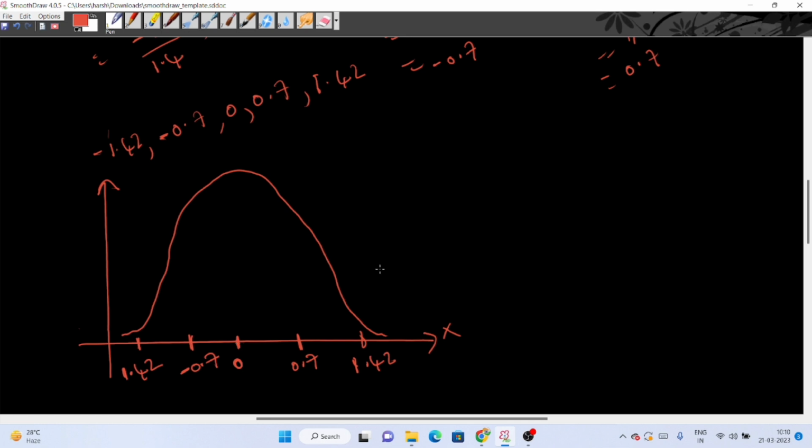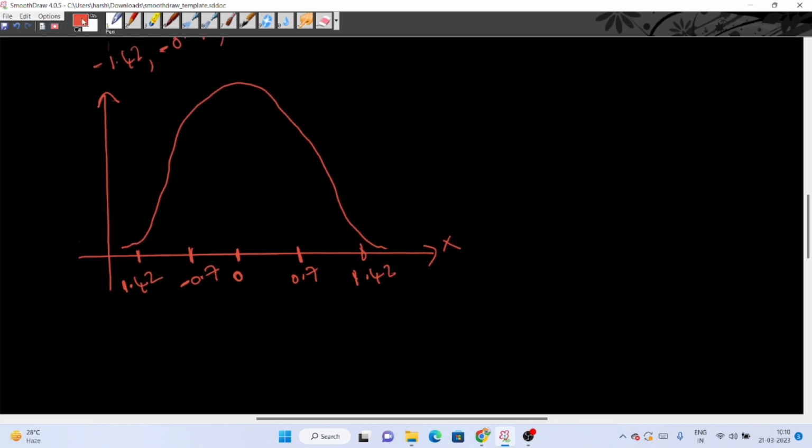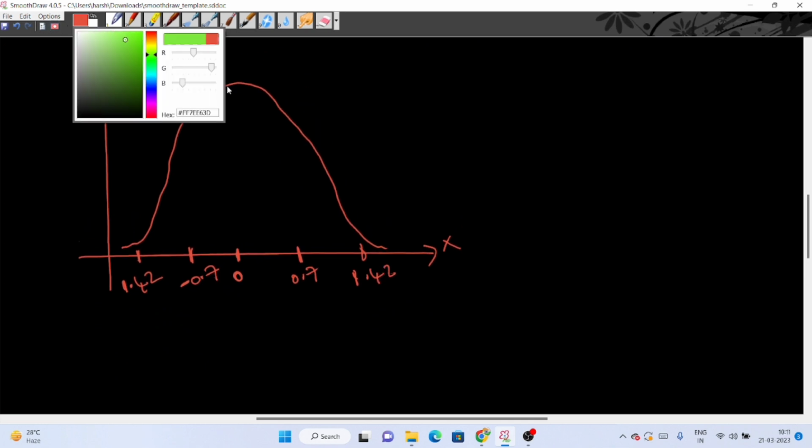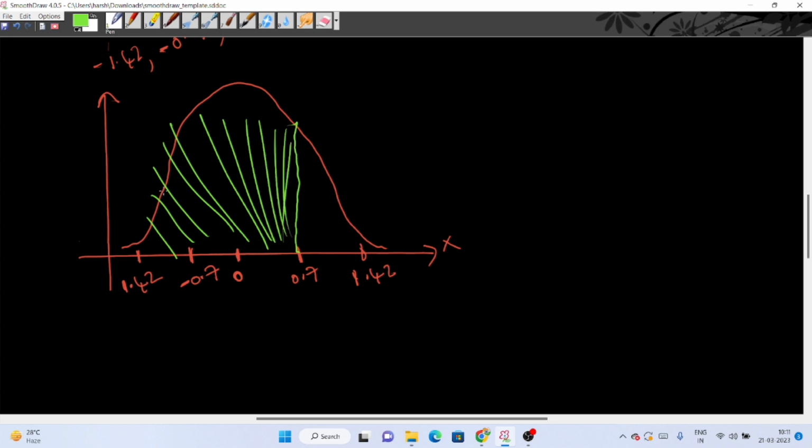But using this z-score, we can also do some more interesting things. Let me show you that we can easily find probabilities. If someone asks you to find the probability of the area before 0.7, that means all this area, what we can do is use the z-table to easily find the critical value of this area.